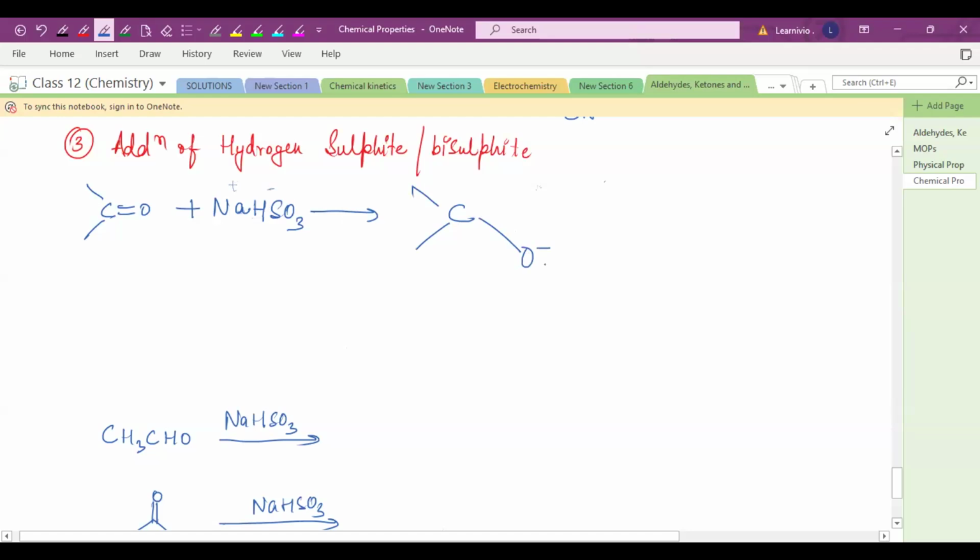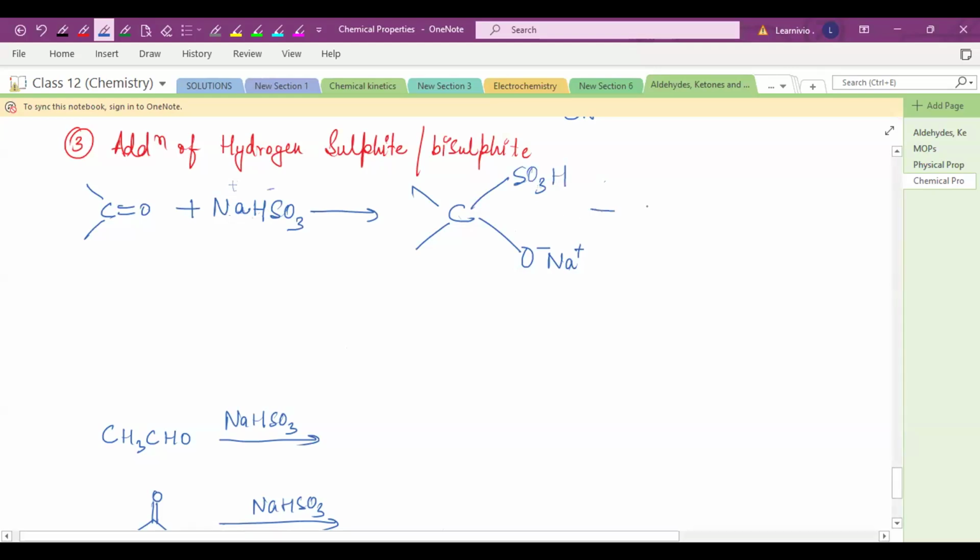So this sodium will get attached to this oxygen first. Then you break the double bond of this carbon, so you get O minus and Na plus. Now to the same carbon, just attach the rest of the group, the SO3H group. So you will get this first.